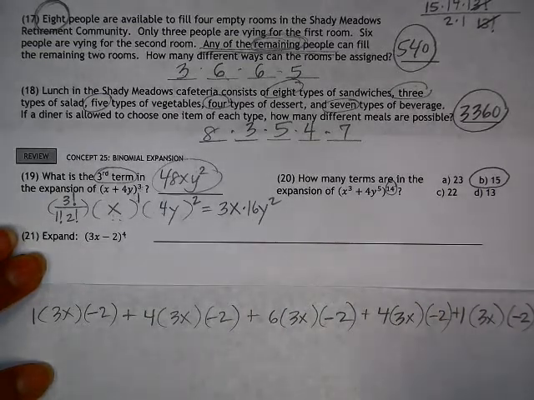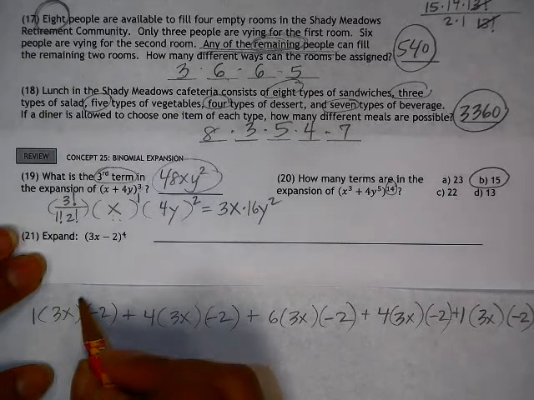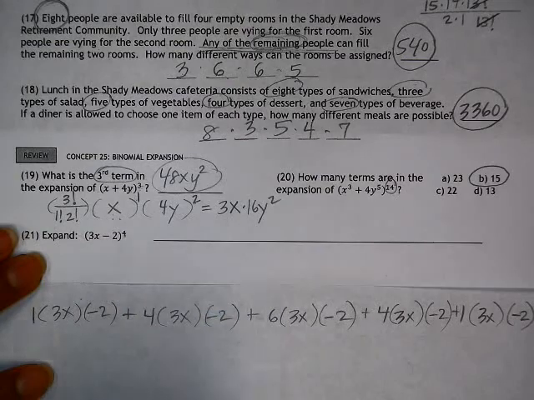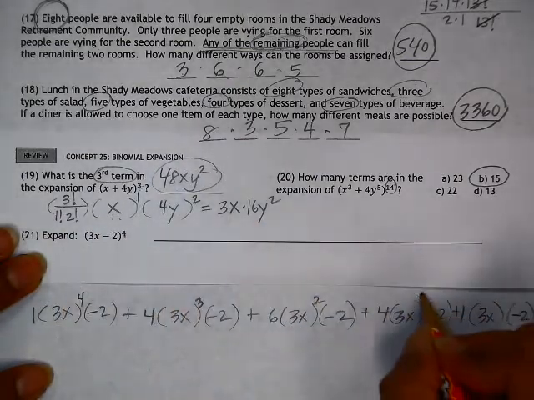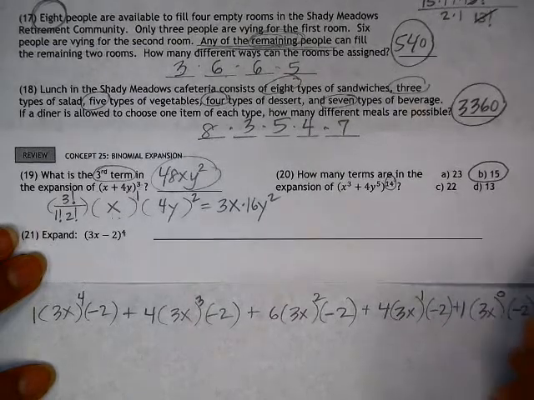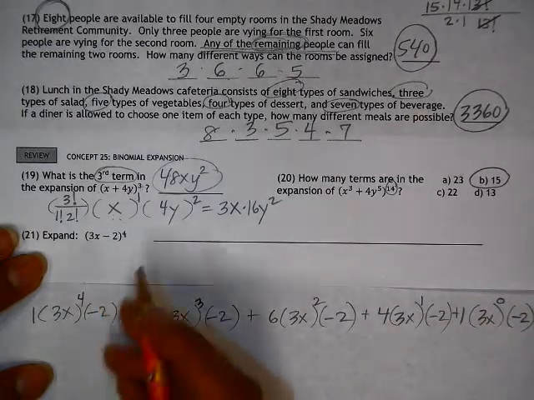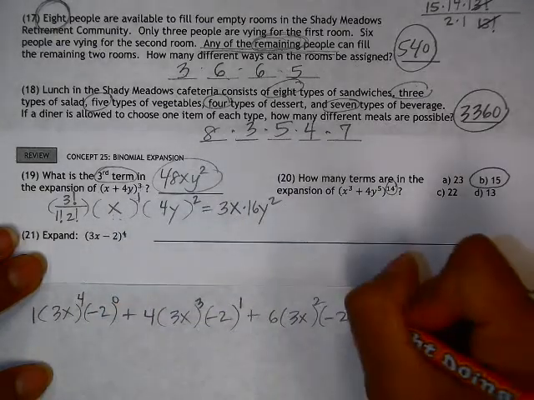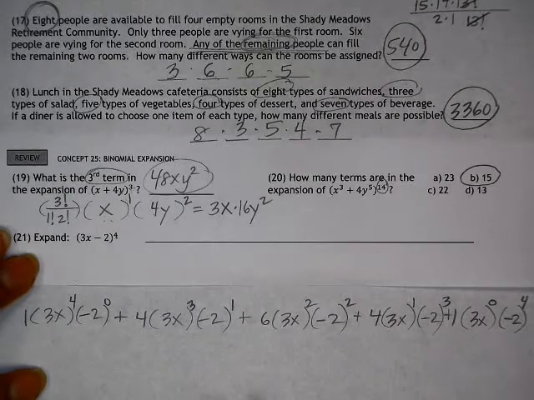Okay, the property we need to understand here is that the first term exponent is going to start at the value in the original problem, which is a 4, and keep decreasing until we get to the last term. The exponent of the other value, the second term, is going to start at 0 and increase all the way until we get to 4.